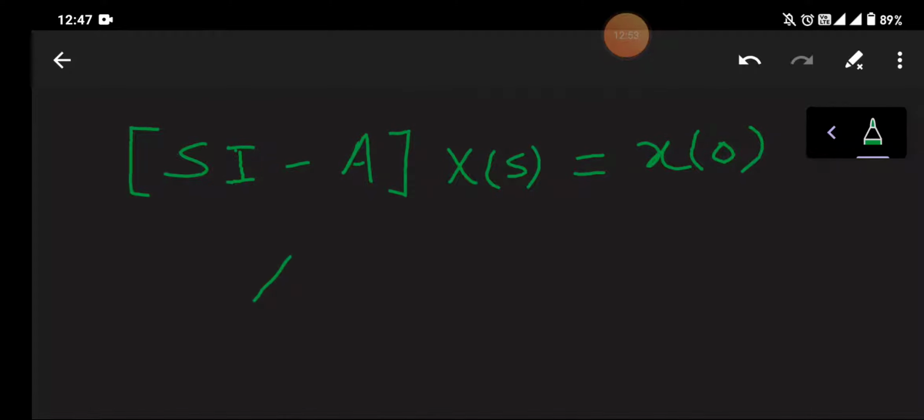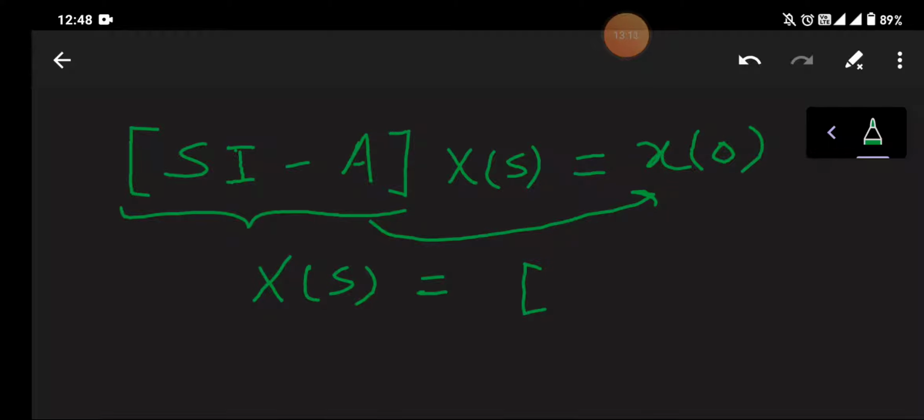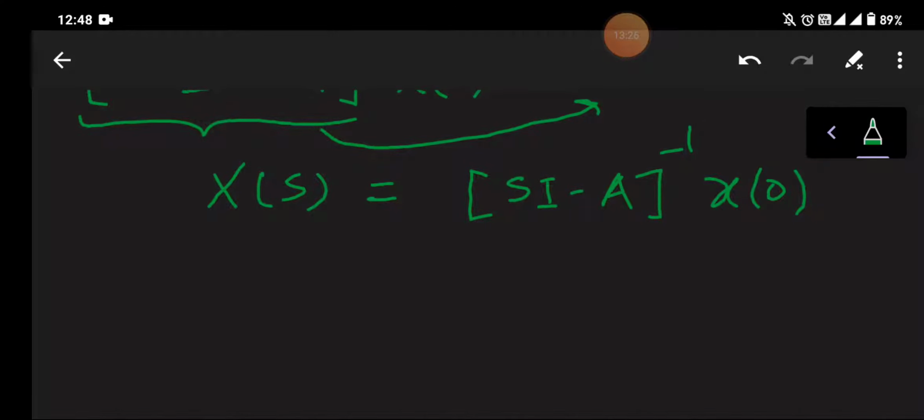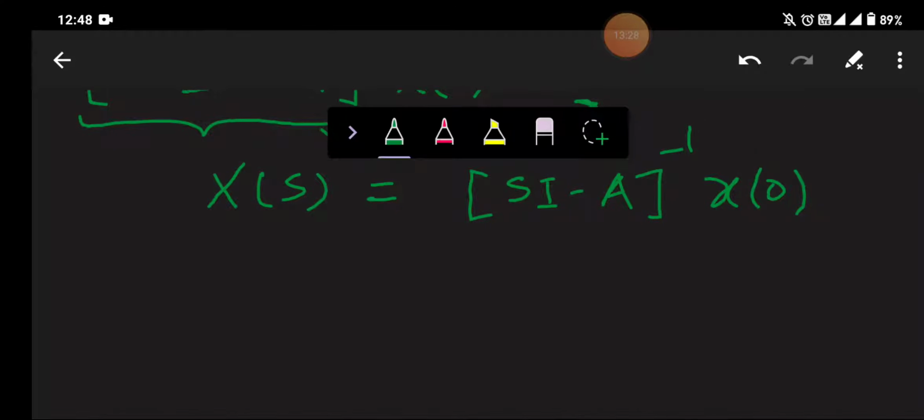So x s can be written as, if I take this matrix from here to here, it becomes an inverse. So this will be s i minus a inverse multiplied by x of 0. Now I take the Laplace inverse.